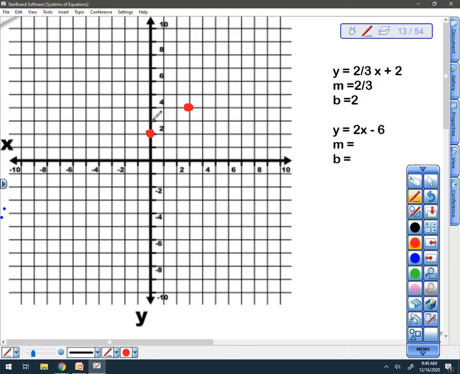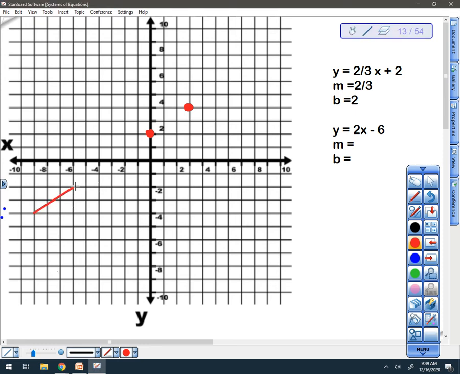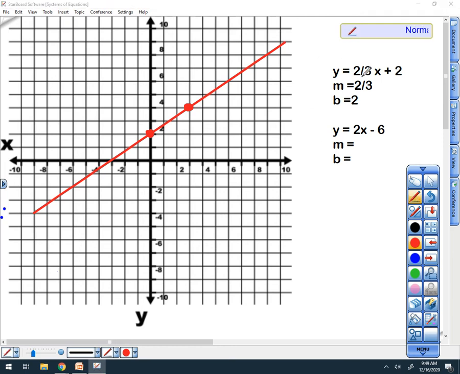And then make our straight line. I'm just following that same pattern of 2 and 3 so that I can then make our straight line. All right, so there you go. We graphed this equation.